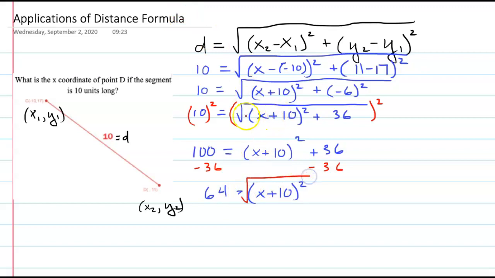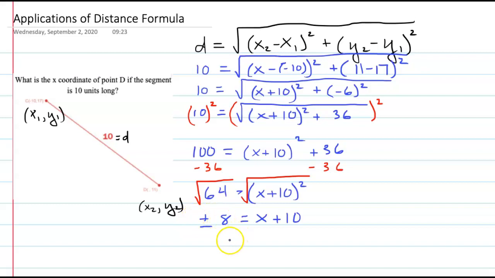As we saw up here, these two are inverse operations, so they're going to undo each other. Then I have to do it to the left-hand side as well. And the square root of a positive number is going to yield two solutions. So the square root of 64 is positive 8, but it's also negative 8 because negative 8 squared is also 64. So I'm going to write this as plus or minus 8 is equal to x plus 10.